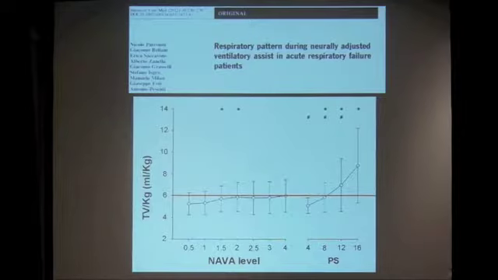And once again, you see that tidal volume is almost perfectly constant around or below 6 milliliters per kilo during NAVA, while if we increase pressure support in these patients, tidal volume jumps up from 5 to almost 9, 10 milliliters per kilo. So once again, in this group of patients, we could say that NAVA gives us a better compliance with a lung protective strategy because the tidal volume stays more constant.